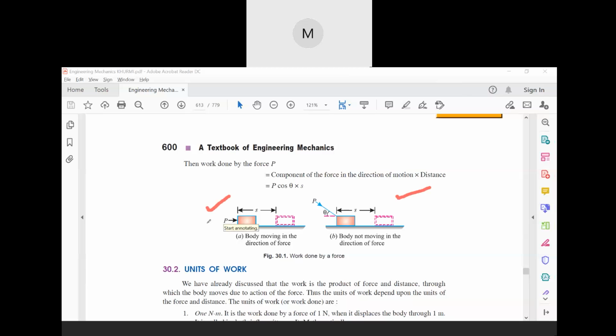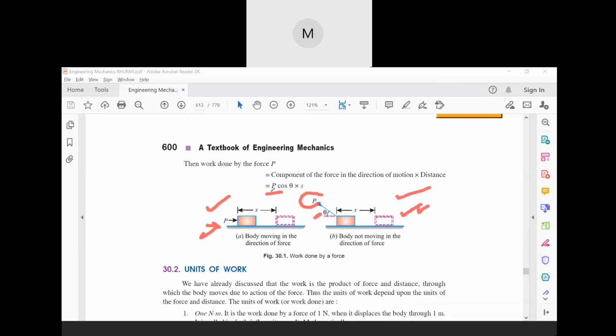Here the force is acting in a straight path, सीधा act कर रहा है force. लेकिन यहाँ पे क्या है? It is inclined at an angle of theta. So for this type of scenario, you'll have to take the cos theta component. That means P cos theta.